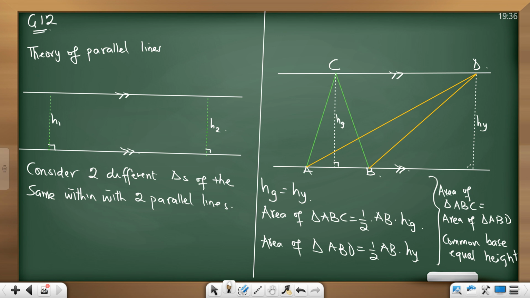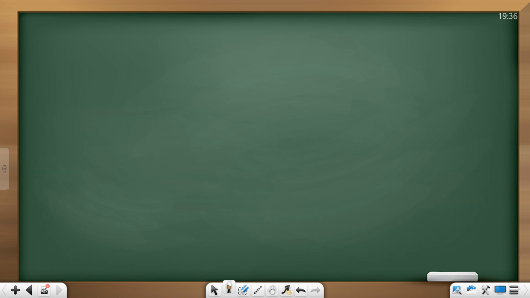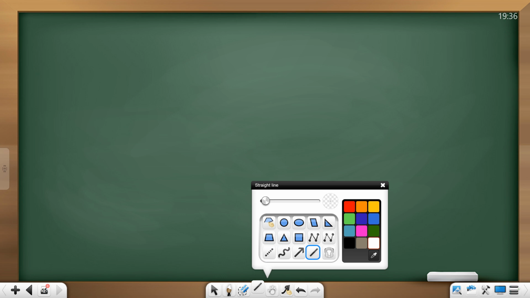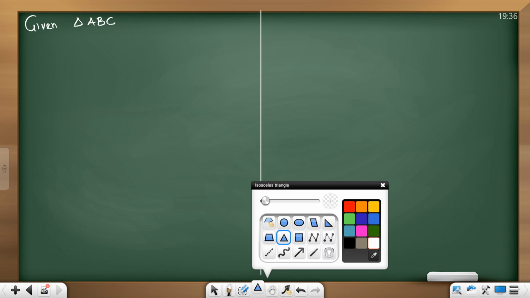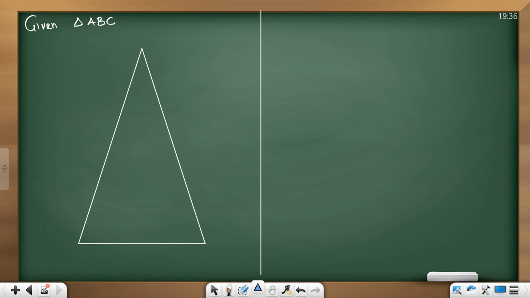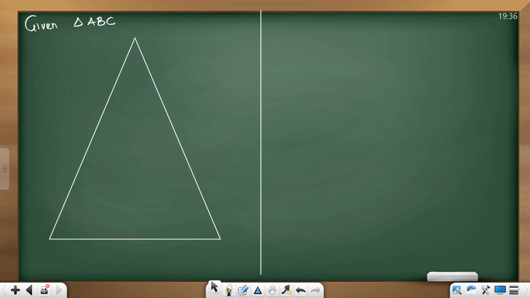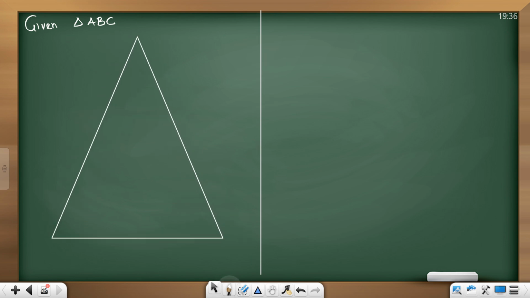That's the question. Okay, here is the proof. Given a triangle ABC, let me draw that triangle first. So I'm going to have a triangle ABC.